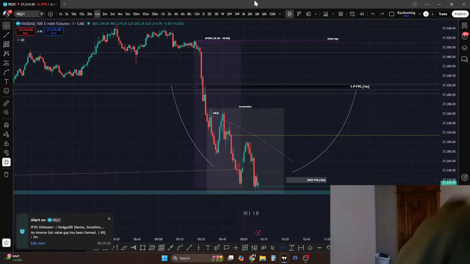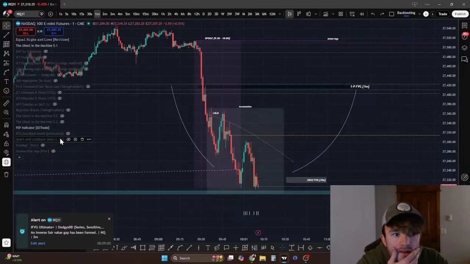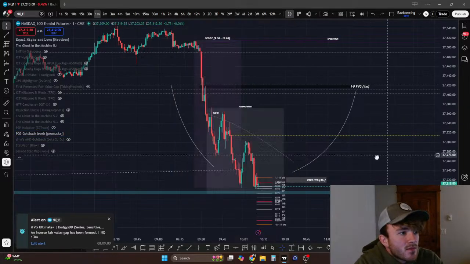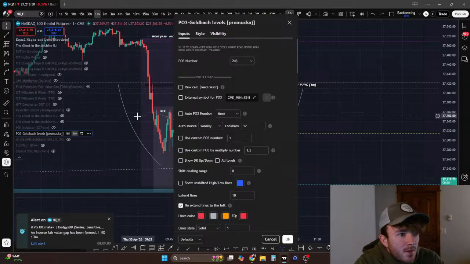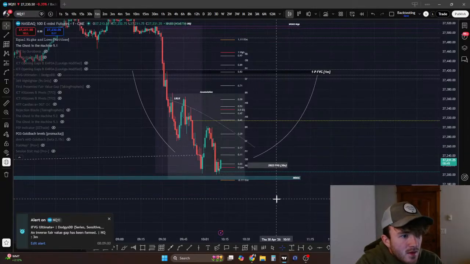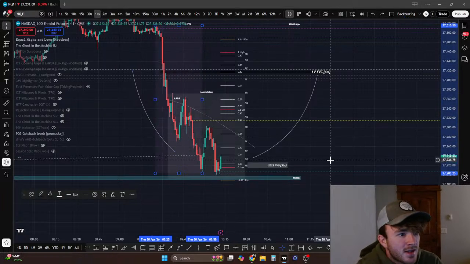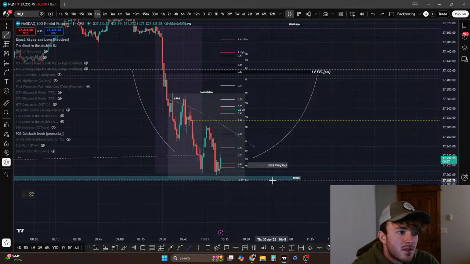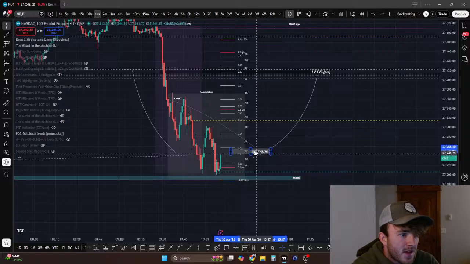Let's see if there's a GB range here. This seems like it would fit in this idea really nicely. So we want a fair value gap to form right here.